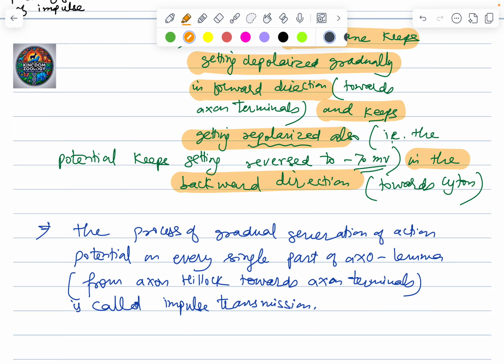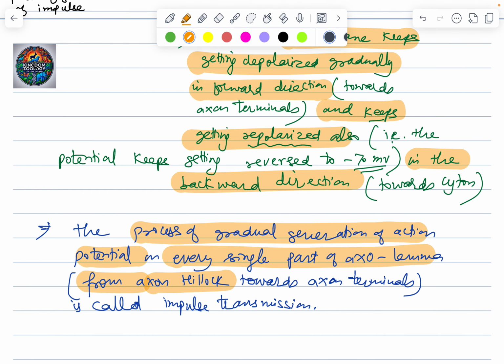So what is impulse generation? Generation of the action potential. And the process of gradual generation of action potential on every single part of the axolemma, one by one, the shifting of the positive charge from the axon hillock towards the axon terminal, this is called impulse transmission.